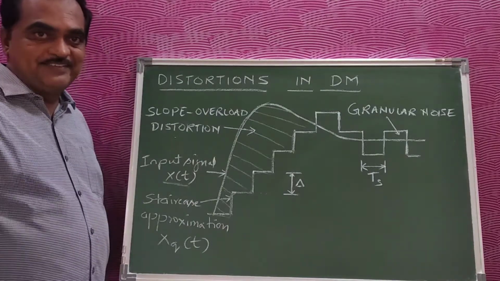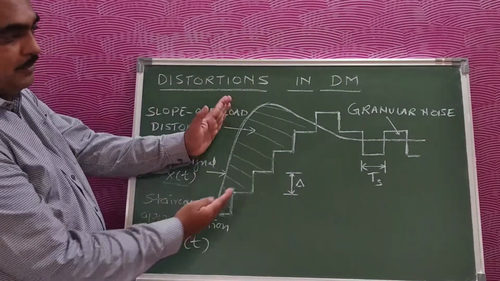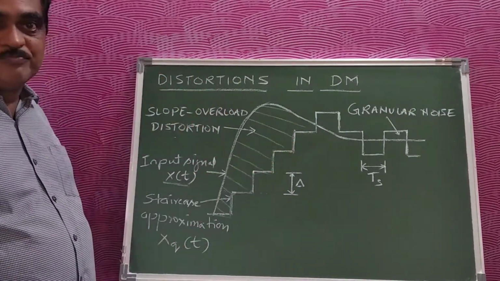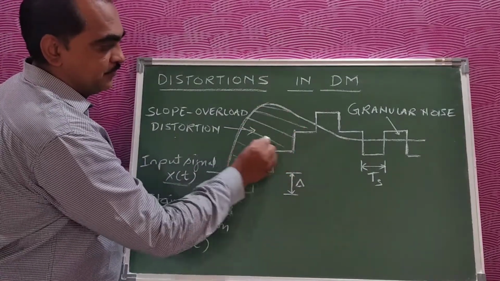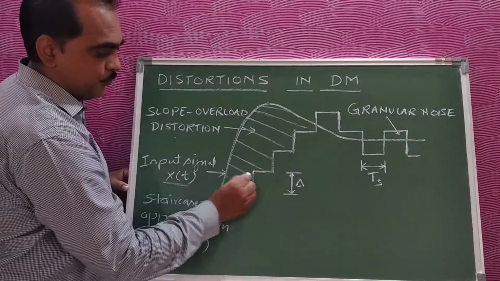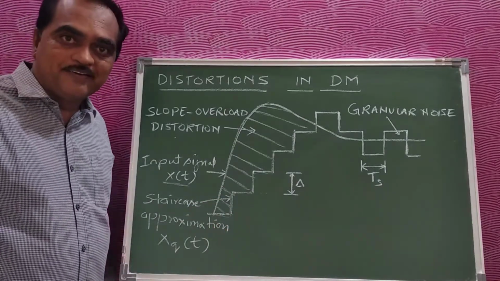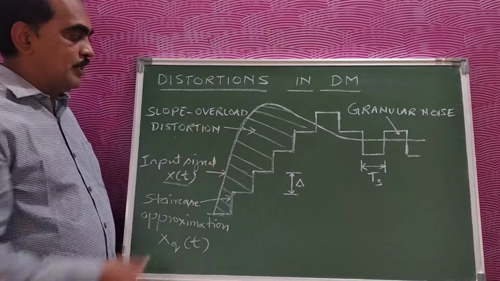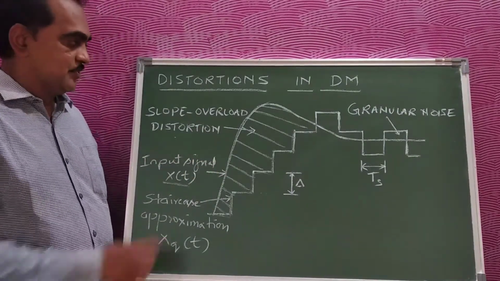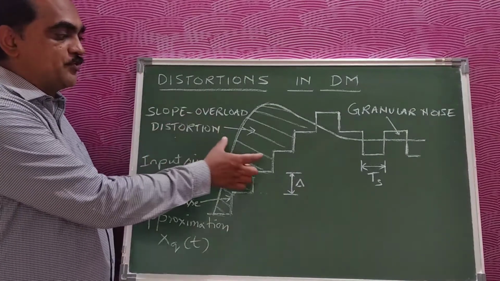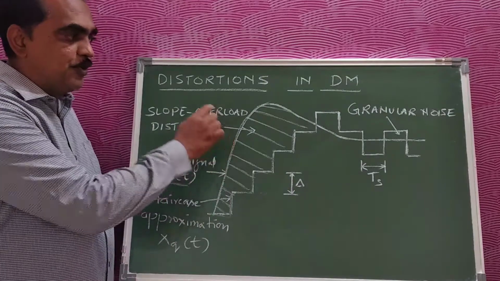Now in that case, there will be a gap between the analog wave and the staircase wave. This gap, whatever we have shown here, will be an error. This gap is called slope overload distortion, because here your staircase wave is not superimposing.